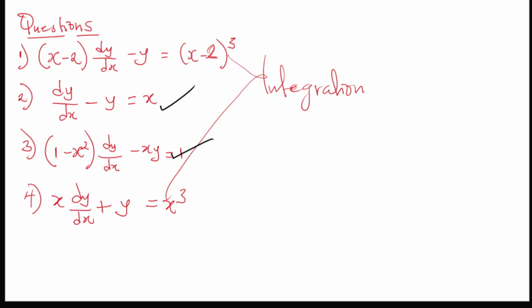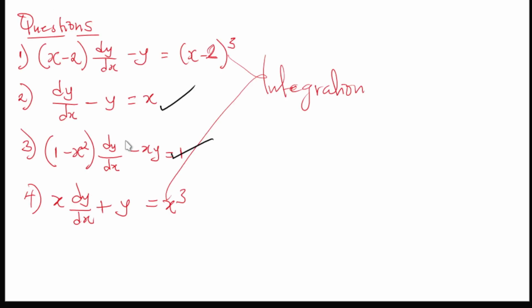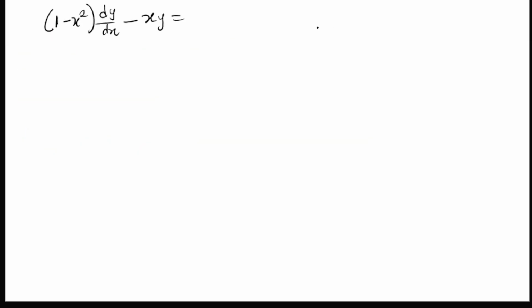Now, how do we go about it? We'll simply have 1 minus x square dy over dx minus xy equal to 1. That's what we have there.